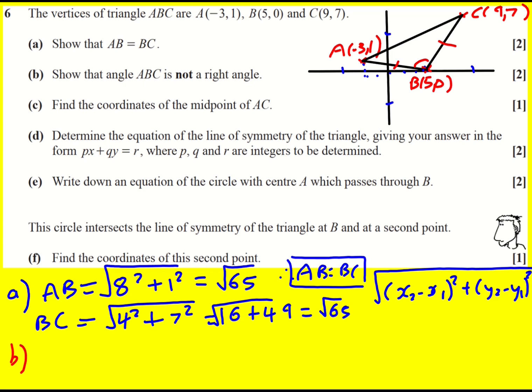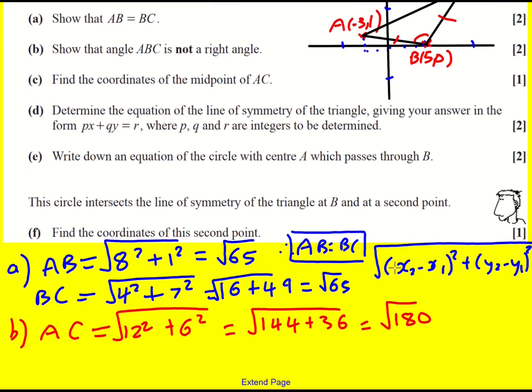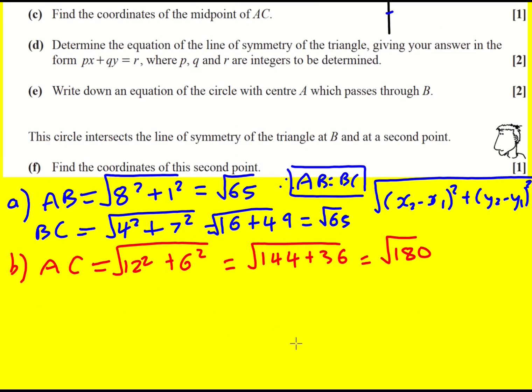But the quickest way to do it in this case, especially because we already have two lengths, is just to show that Pythagoras' theorem does not hold. We have to work out what AC is. That's going to be 12 squared from -3 to 9. Then 1 to 7 is 6 squared. So 144 plus 36, or root 180. Then we can see that that is the longest side.